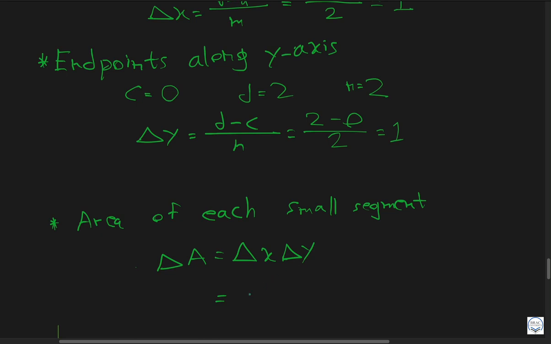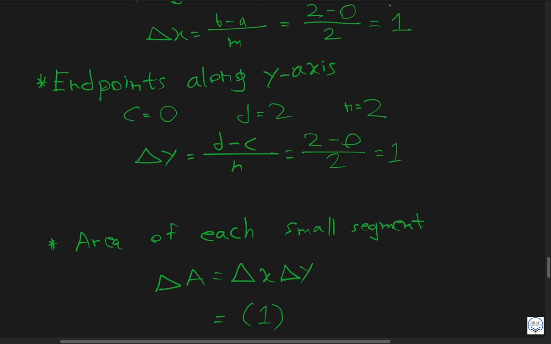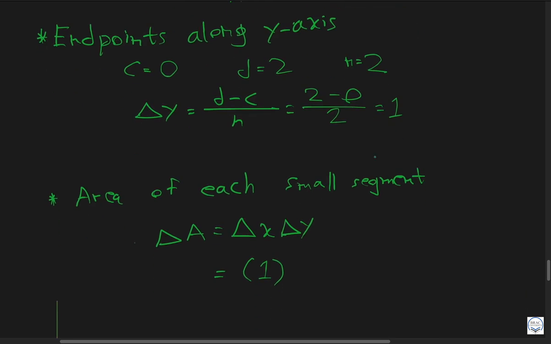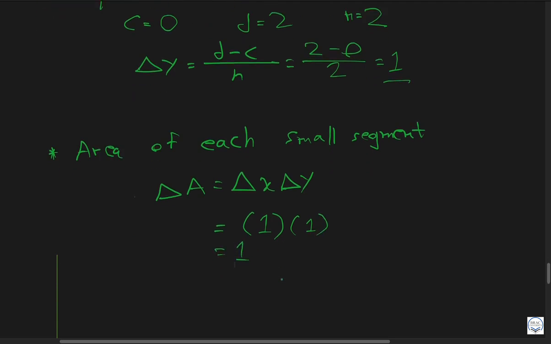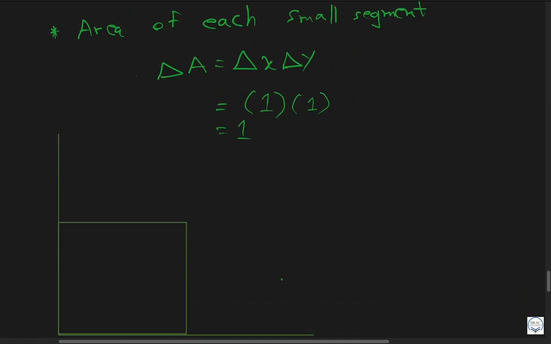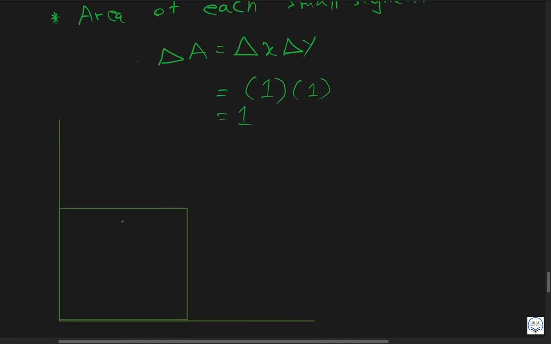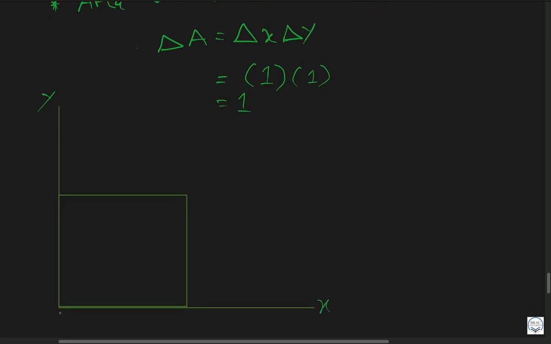This is also 1. I will find the area of a small segment. In the last video we saw that the area delta A is delta x times delta y. Delta x is 1 here and delta y is 1, so this is also 1.